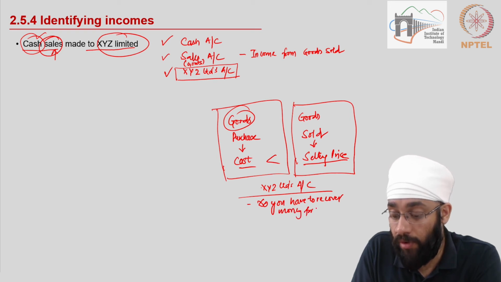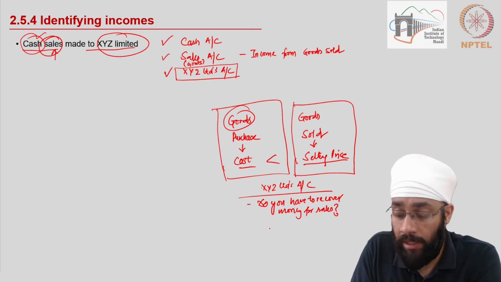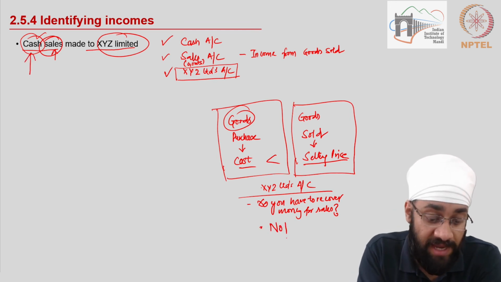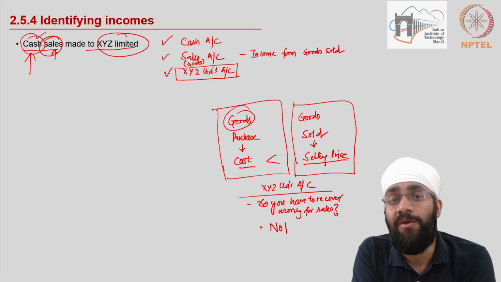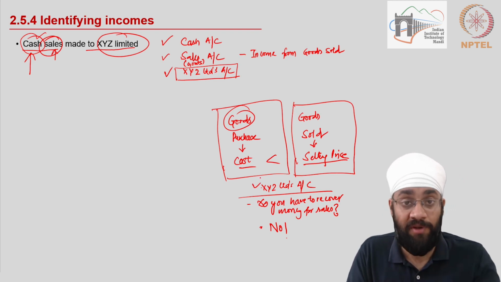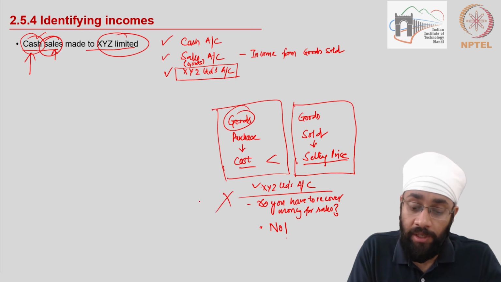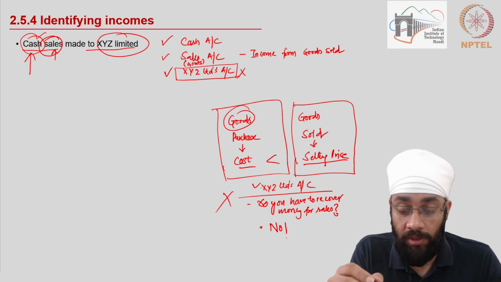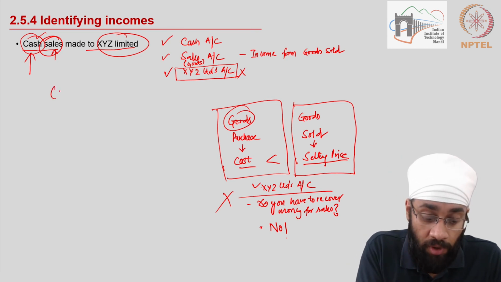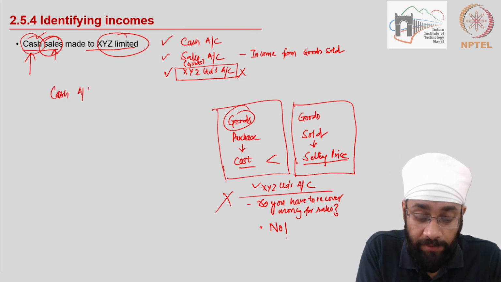Recover money for the sales, right? According to this transaction, no. Why? Because this is cash. He has already paid you. So why do you want to bother writing in his account, his record that you maintain? So we just want to ignore it. You don't need to write in the account of the customer. You just need to be bothered about cash account and sales account.